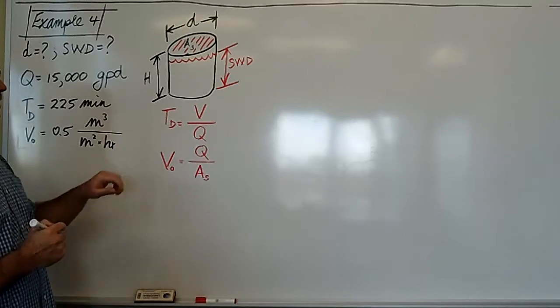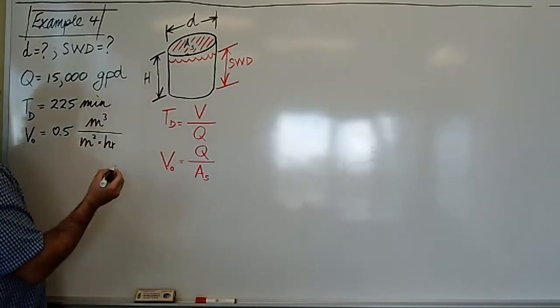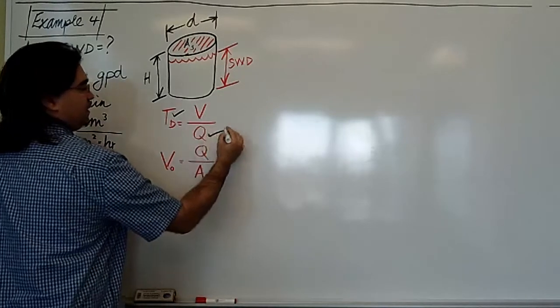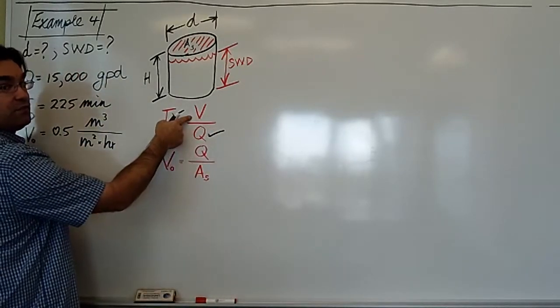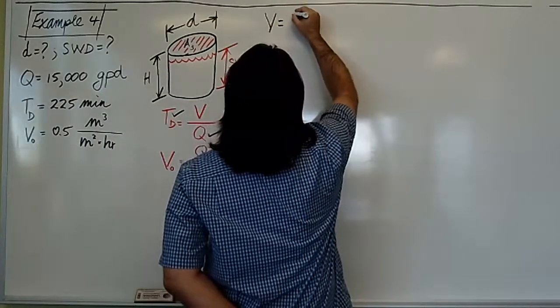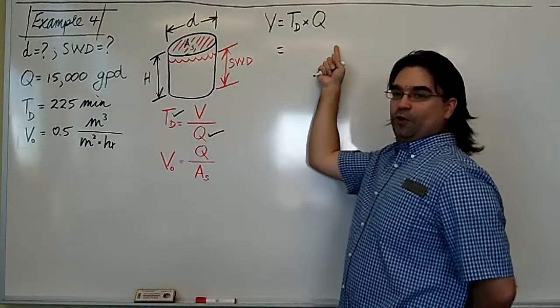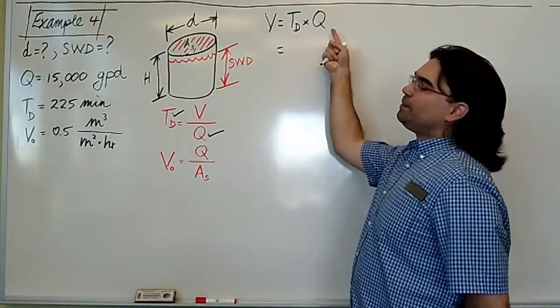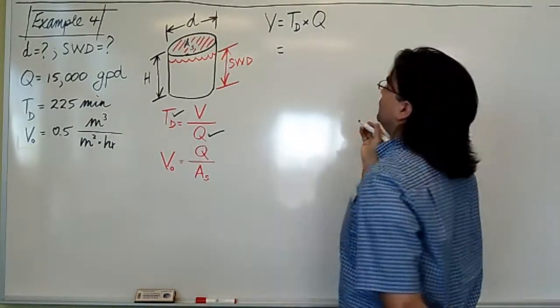Okay, let's do this. For this formula, we have the detention time, we have the flow rate. We can therefore calculate what the volume of water is in this tank. The volume of water, by rearranging this formula, is equal to the detention time times the average flow rate.